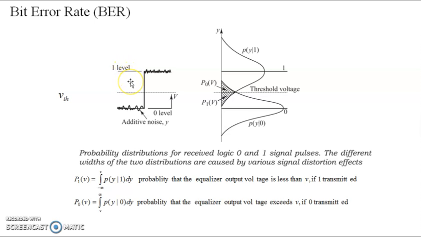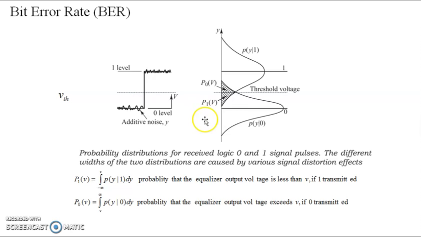But in a receiver, because of noise sources, even if we send a 1, we can get an output voltage below the threshold value, which we read as 0. And sometimes we send a 0, but get an output above the threshold voltage. That is the probability of error: sending 1 and receiving 0, or sending 0 and receiving 1. So that is the probability of error.